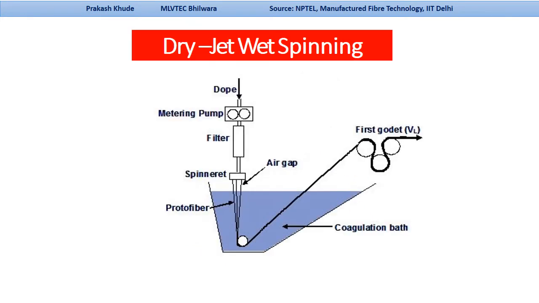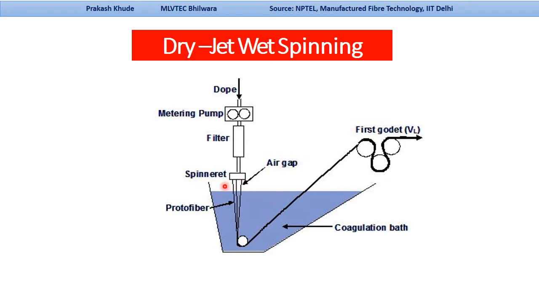You can see here in dry jet wet spinning systems, the spinneret is kept in the dry state, and below that there is a coagulation bath. This air gap, maintained between the spinneret and the coagulation bath, also depends on which type of fiber we are producing, whether it is lyocell fiber or acrylic.